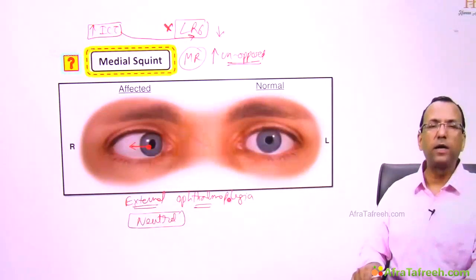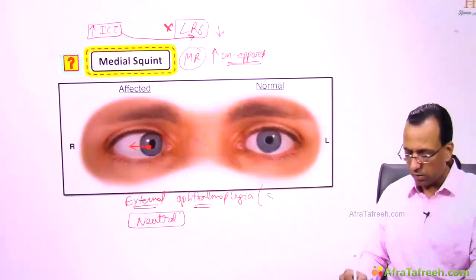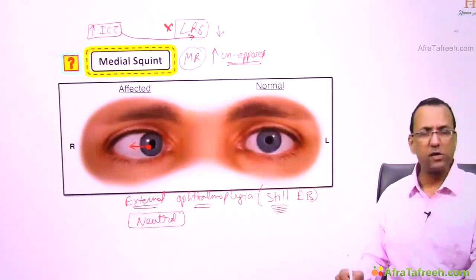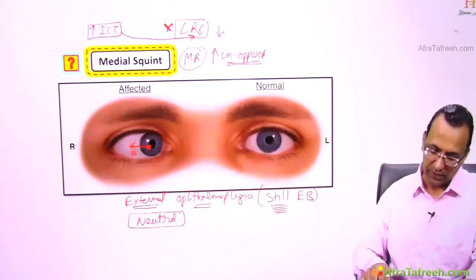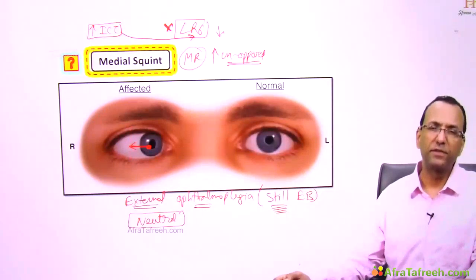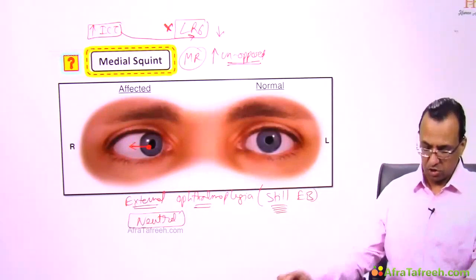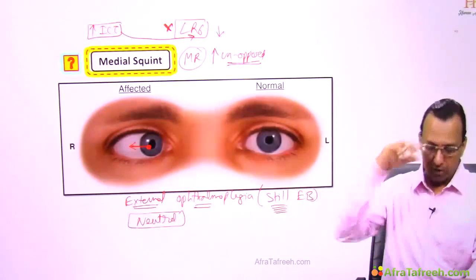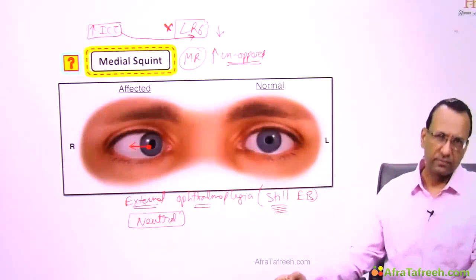The eyeball becomes a still eyeball. It is not moving. Can we discuss more about that? Yes, we'll do that, definitely. But this is the briefing of cavernous sinus thrombosis, presenting with medial squint. Later, there can be more problems.